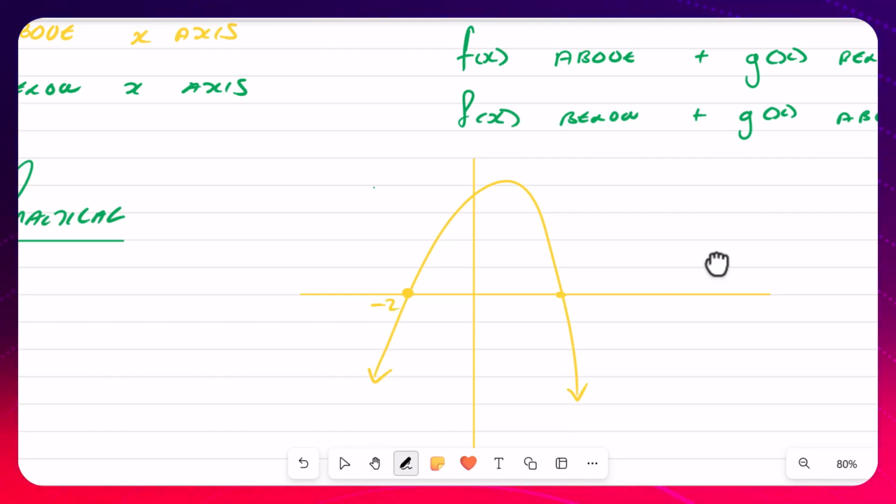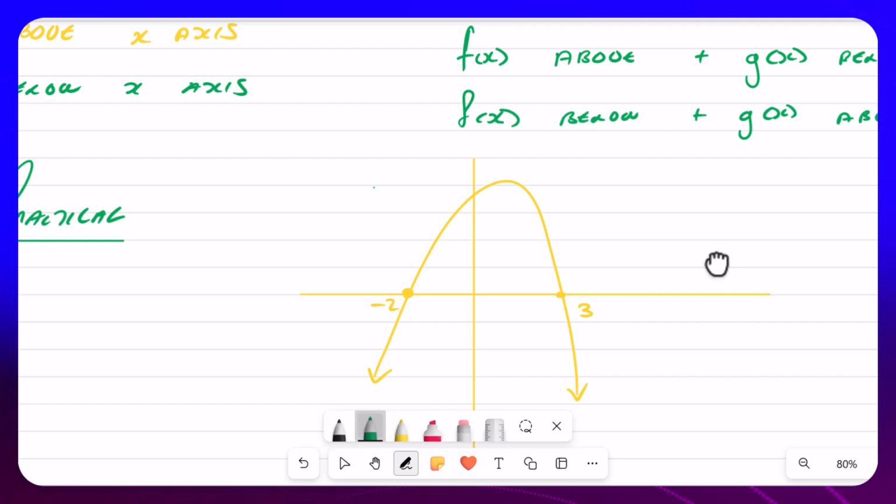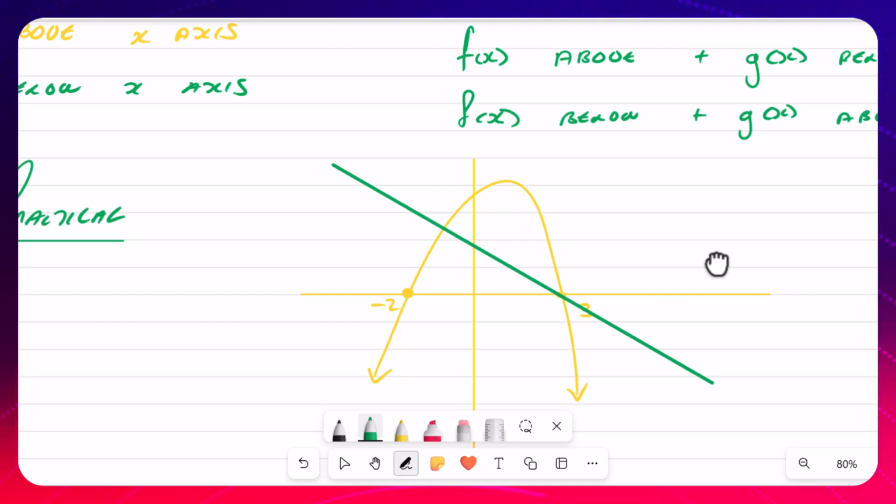That point there would be +3, and let's take one more passing through the 3. And in this case, we're going to switch them around. This is now g of x, and this is now f of x.